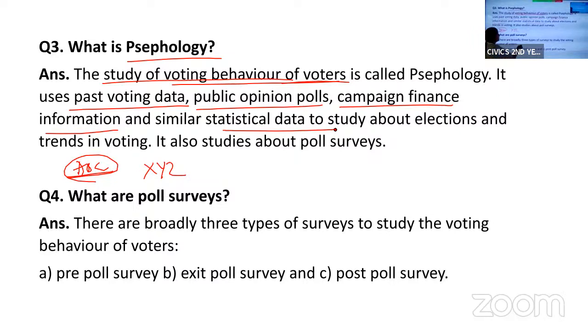It also studies poll surveys. Poll surveys are conducted to know the views of the people, to which party they want to come into power. So all this is studied in Psephology. Remember, it is the study of voting behavior of the voters.